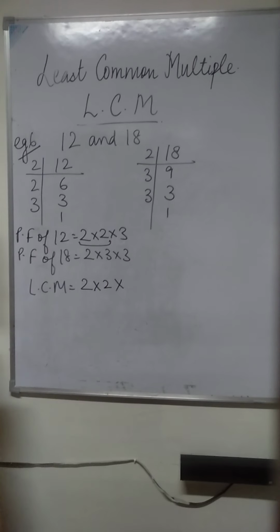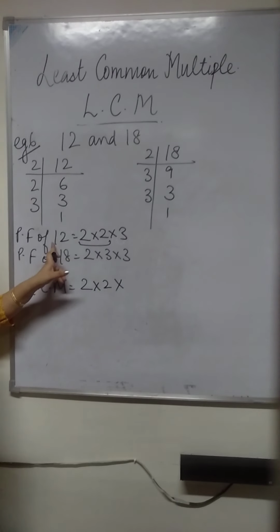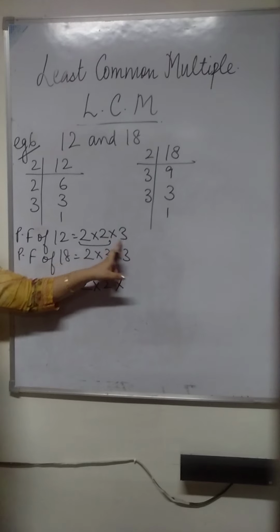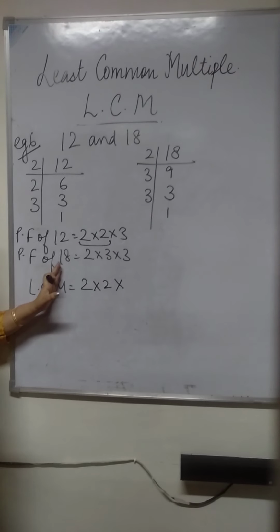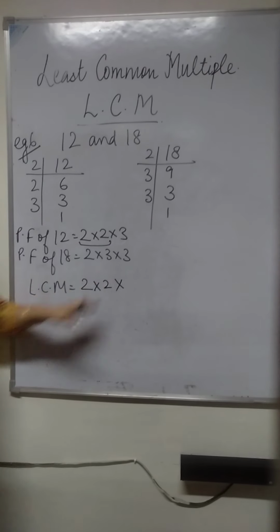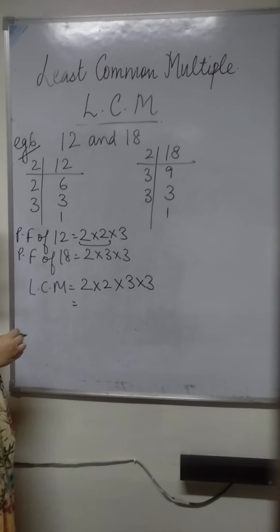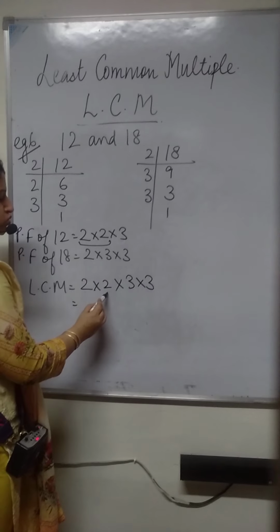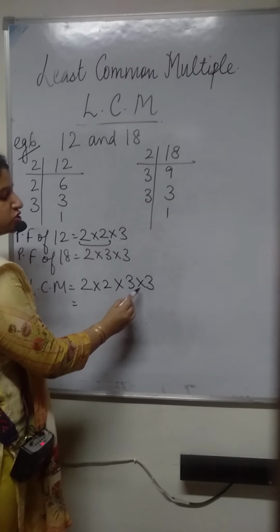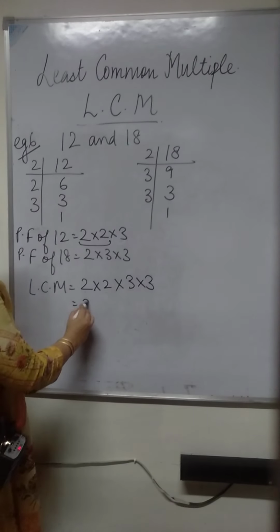And similarly 3 is appearing in the prime factorization of 12 once, but in the prime factorization of 18 it is appearing twice. So we are going to take it as twice. So the LCM will be the multiplication. 2 into 2 is 4, 4 3s are 12 and 12 3s are 36.